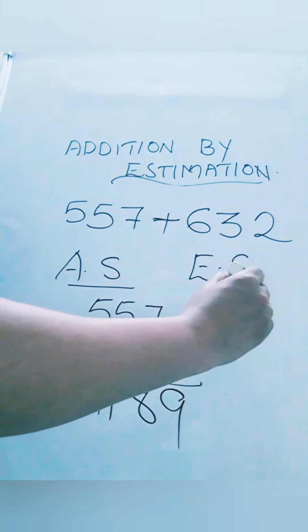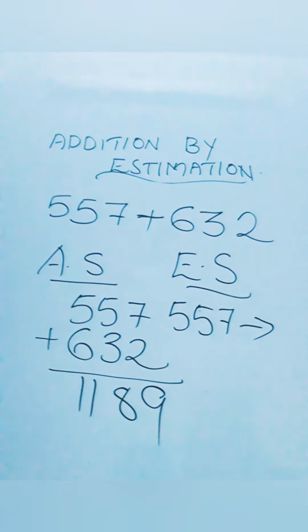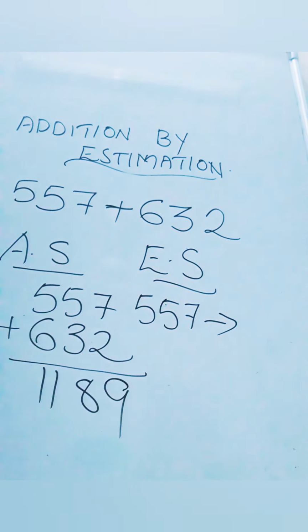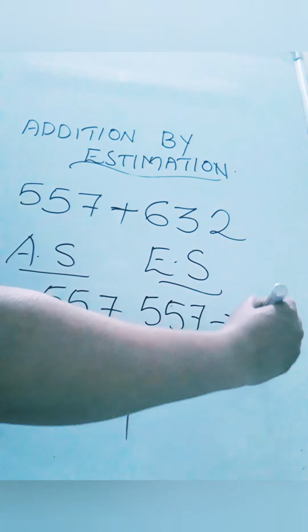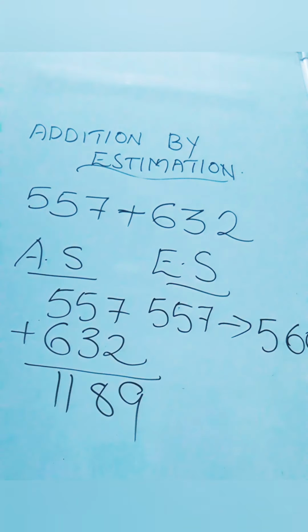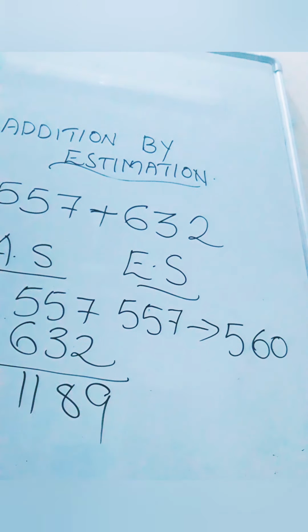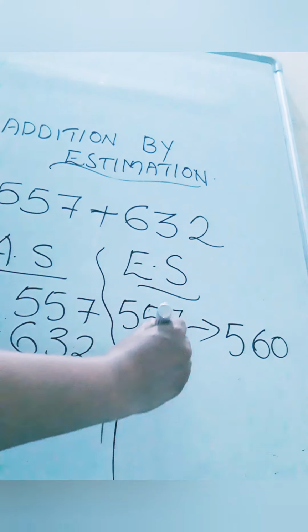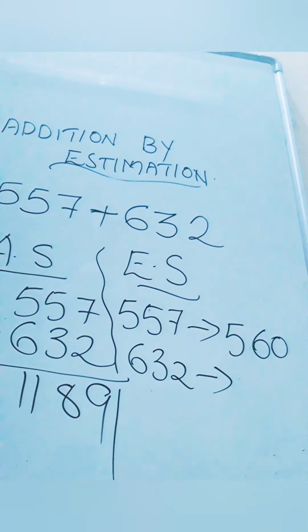557 will be 560. 57 is between 50 and 60. 57 is very near to 60. So 560. Then 632. 32 is very near to 30.